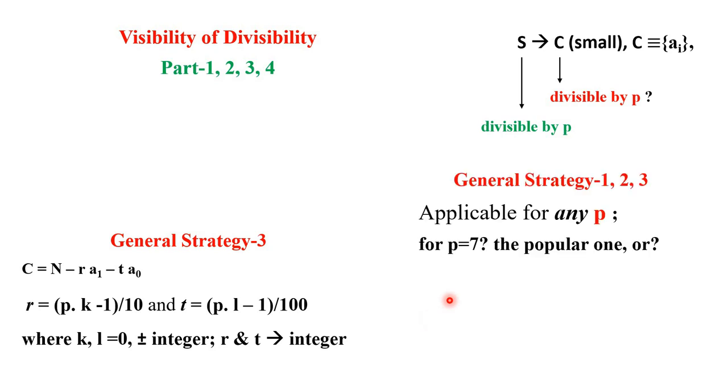Not only that, we have seen that all the strategies are applicable for any P, and particularly for P equal to 7. Yes, we have got the popular one from strategy 2, not from strategy 1, though it has given a new solution or another solution for P equal to 7. And in our 4 videos taken together, we can say that we have explained why strategy 1, 2, 3 work.